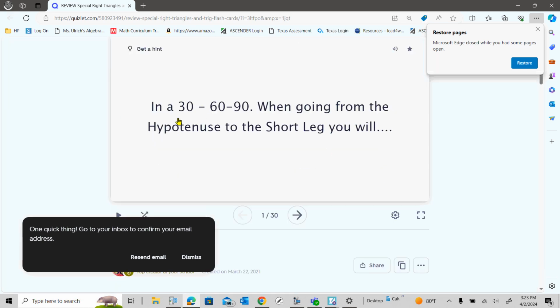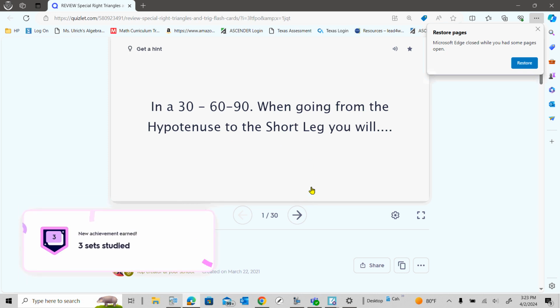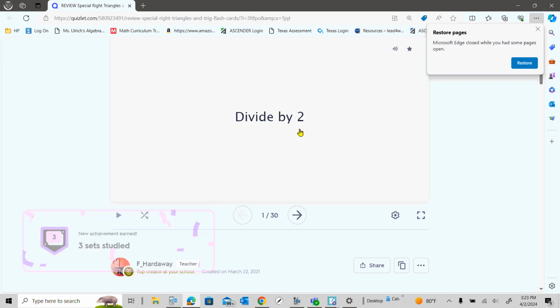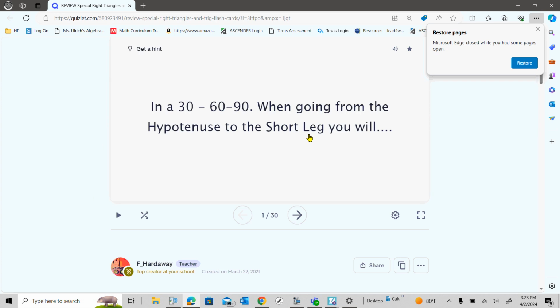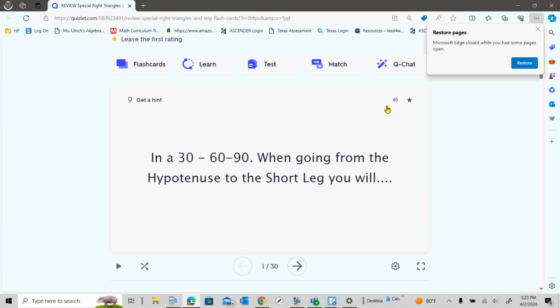So here's a question. In 30, 60, 90, I'm going from hypotenuse to short leg, and then you click to reveal it. If you said divide by 2, you got it right. If you did not get it right, you can mark it to study again.